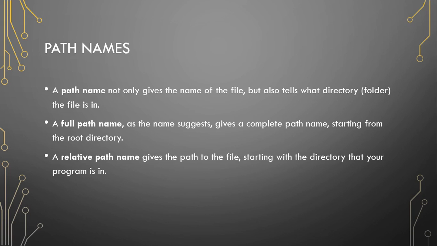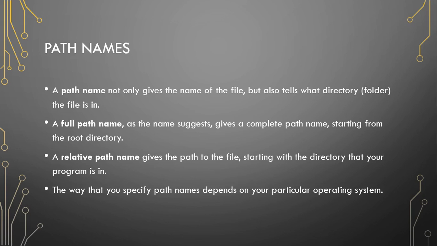So you might have it point to logs/ the name of the log, and that would be where the program would be looking. It doesn't need the full C:/ because it's going to move inside the project directory, but it needs that relative path name so it knows, hey, I have to look a little more specific. Now, the way that you specify path names depends on your particular operating system.